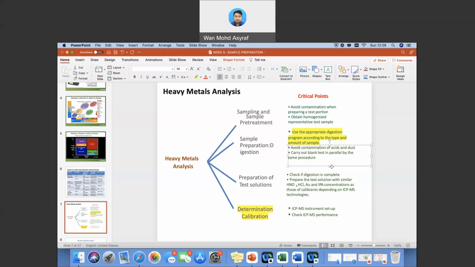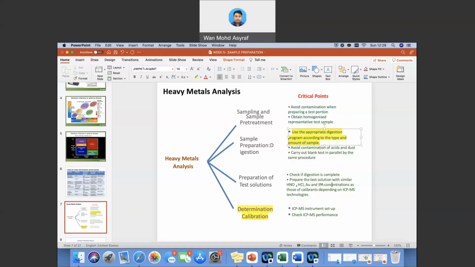This is to avoid contamination from excess acids or excess dust inside your sample tips. All right. Carry out blank tests in parallel by the same procedure as well. So basically, you need to have a blank test as well, to make sure that your process is okay.